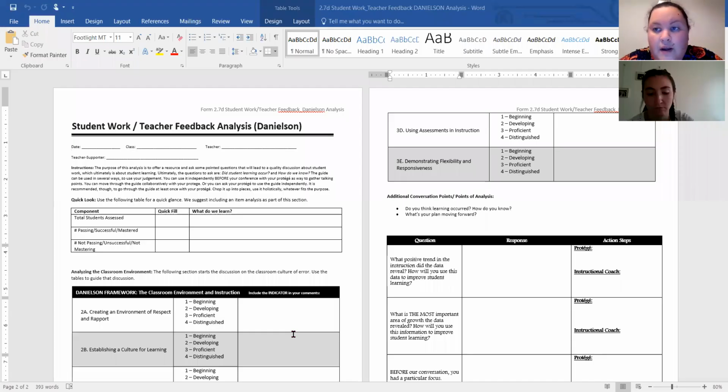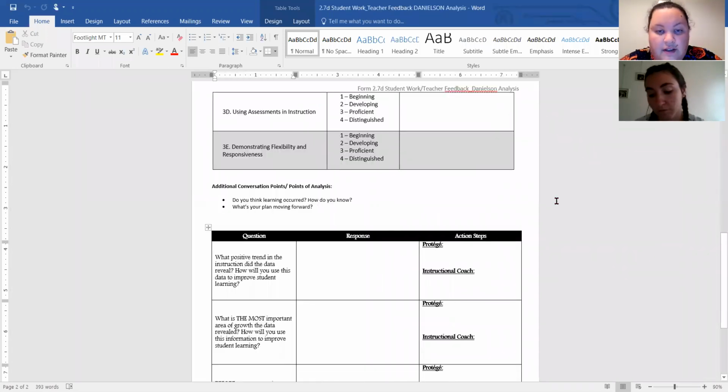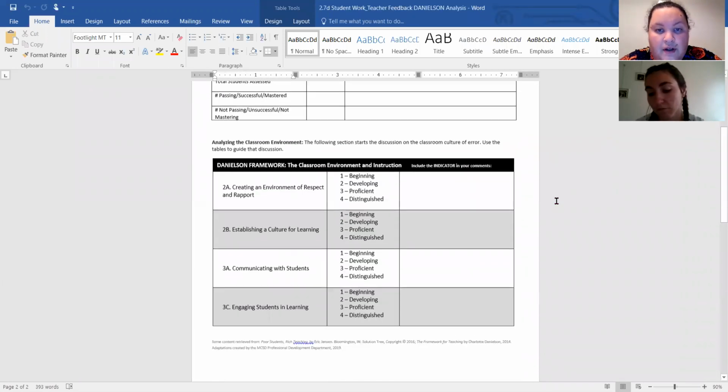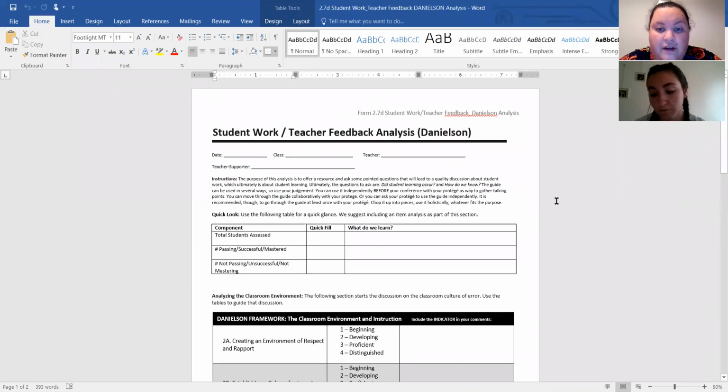Okay, I also have something else I'm going to share with you. Zoom in. This is going to reflect back on the Danielson that we've talked about before.